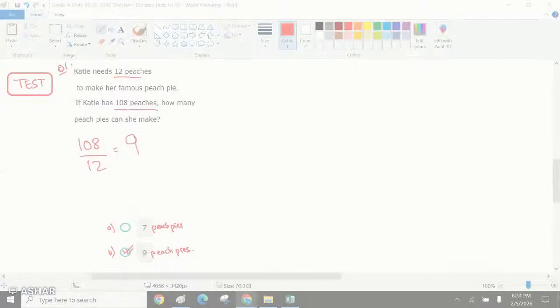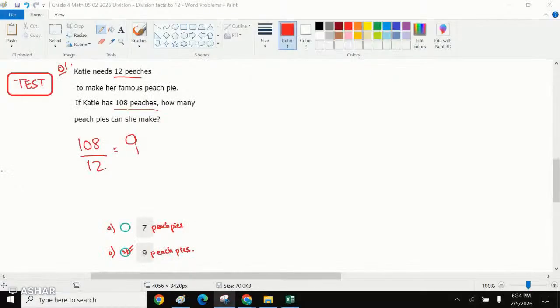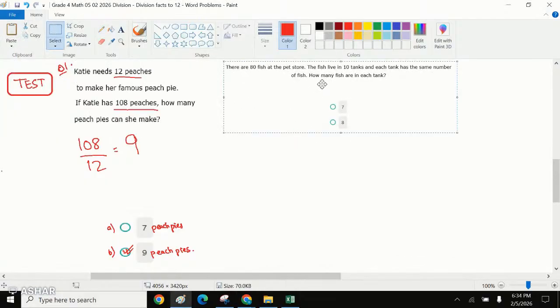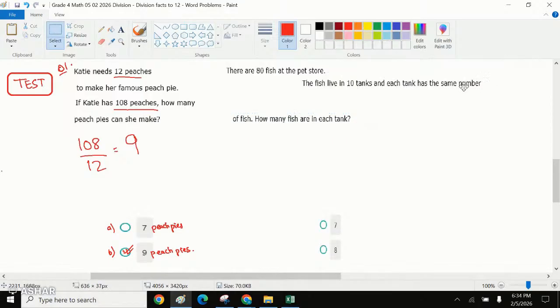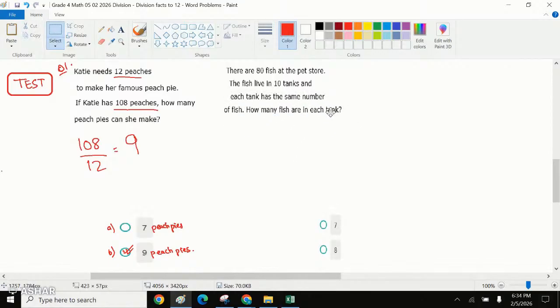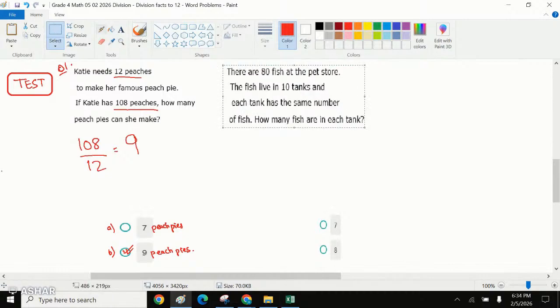And the next one says there are 80 fish at the pet store. They live in 10 tanks. This is our question number 2.